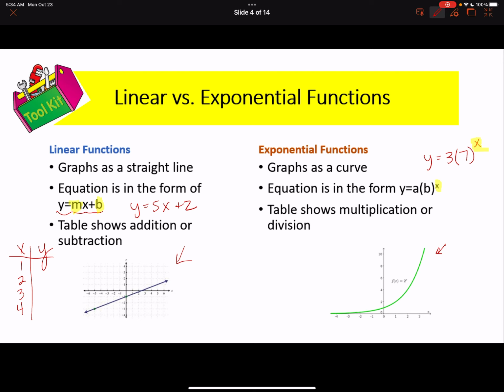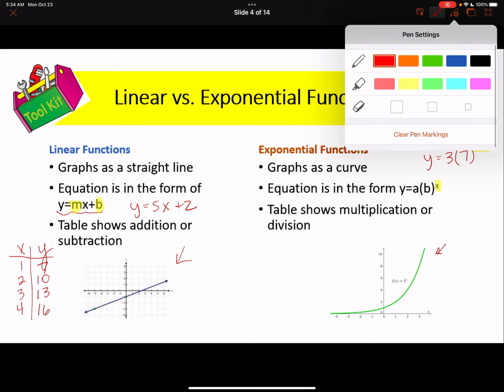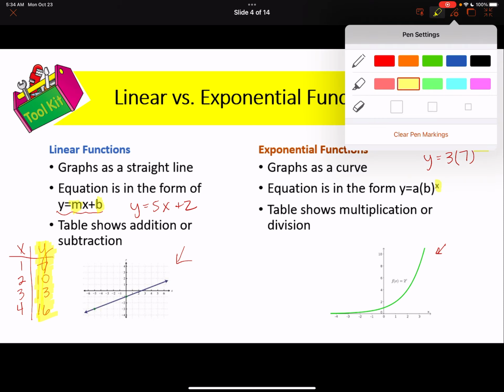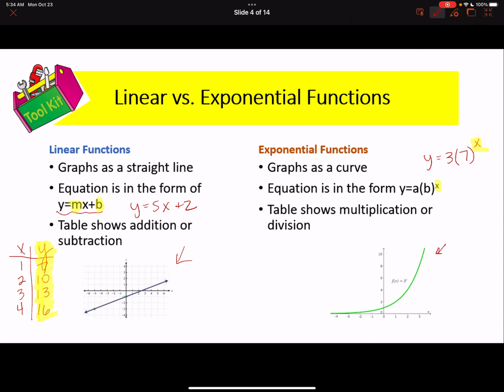So if that pattern shows addition or subtraction, meaning this might be like 7, 10, 13, 16. So I'm looking at the y column here. If that y column shows me an addition or subtraction pattern, notice I'm adding 3 every time there, then it's linear.